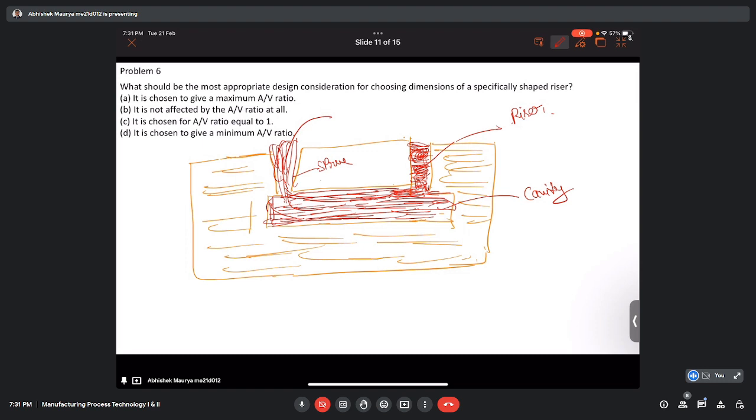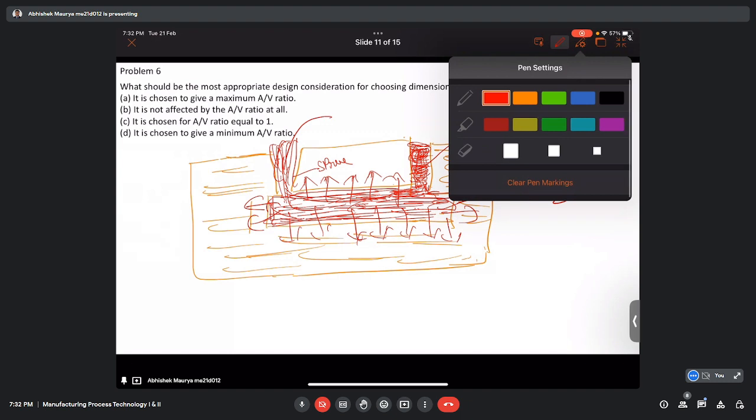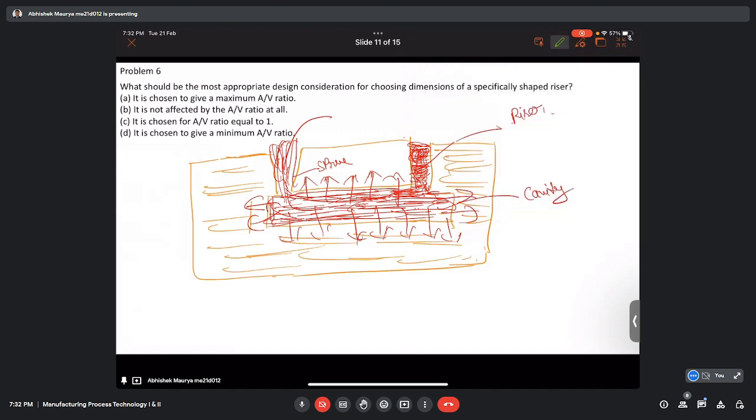So the heat transfer from the riser region should be slower than the heat transfer from the cavity region. In the cavity region, heat transfer takes place everywhere towards the mold wall, like here. Wherever the molten metal is in contact with the mold, from there the heat goes away to the ambient.